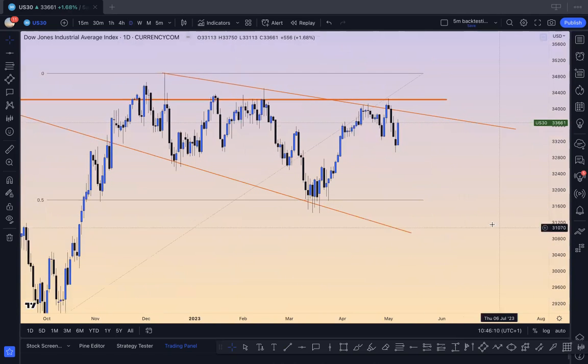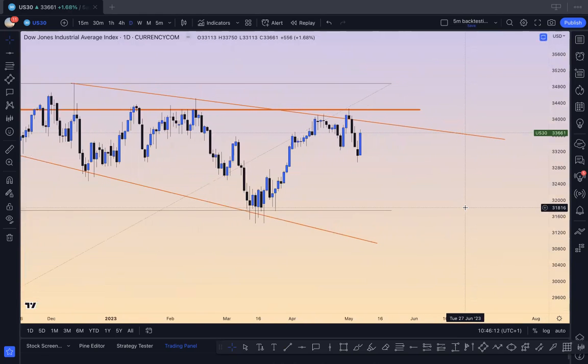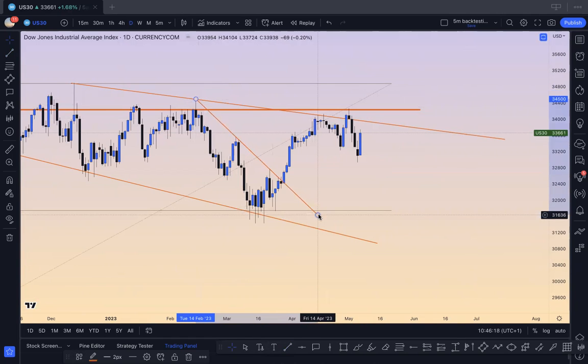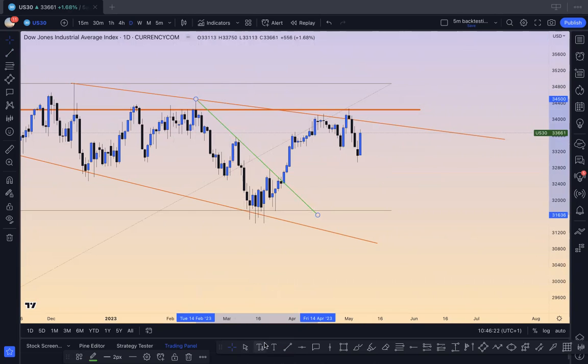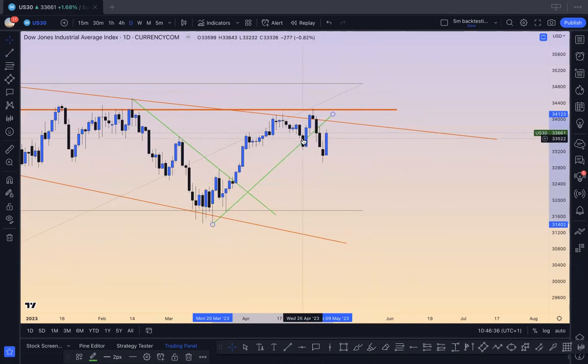So now on the daily, this is my trend line. And this is my trend line also. So this was 1, 2, 3. 1, 2.